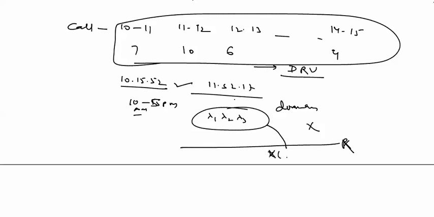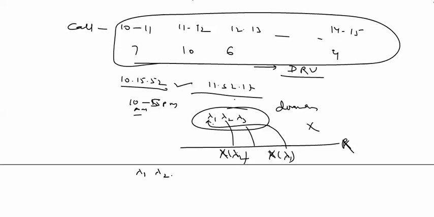I assign x lambda 1 to lambda 1, x lambda 2 to lambda 2, and so on. One-to-one mapping means one event is assigned one value. It might also be that all the sample values are assigned the same value.